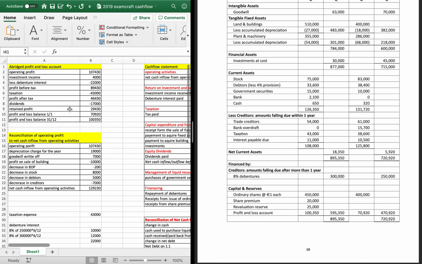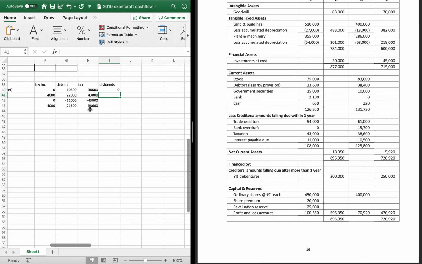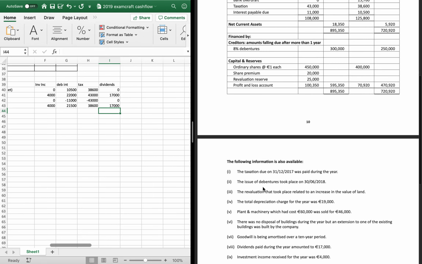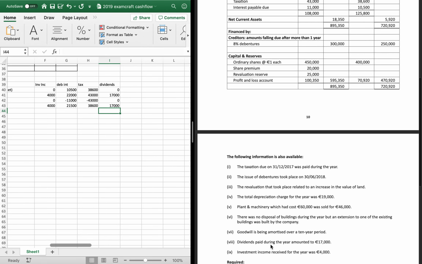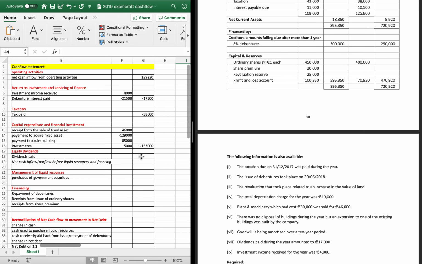The dividends charged for the year was 17, which gives you, and there's no balance at the end of the year, so that's 17,000. You can just check, it just says dividends paid were 17,000. So you can put in that number anyway, you don't have to do all that. So dividends is a minus number. So we'll do our sums as far as there to see if it's a net cash inflow or outflow.